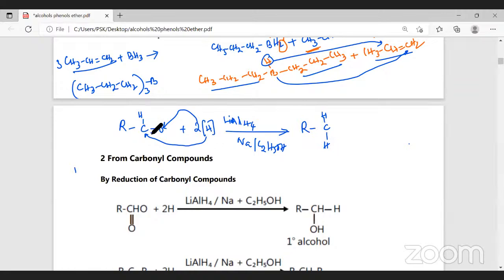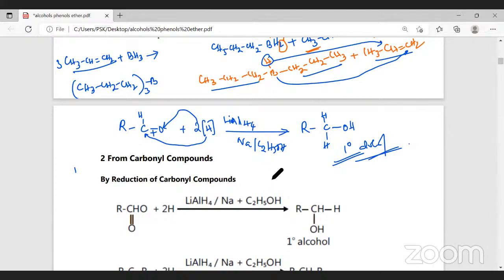Therefore, a pi bond will break. When the pi bond breaks, you get a single bond and you get OH. This is a primary alcohol. So on reduction of aldehyde using lithium aluminum hydride or sodium in ethanol, primary alcohols are formed.